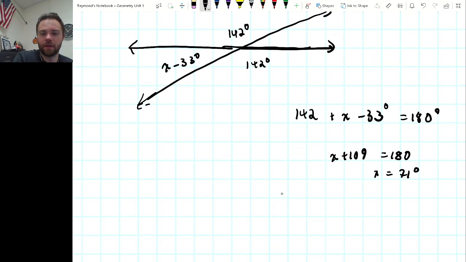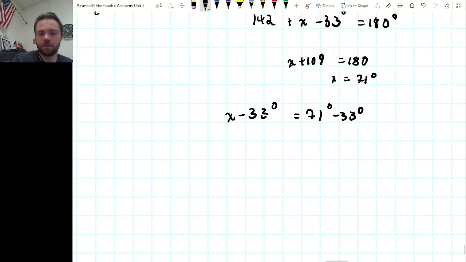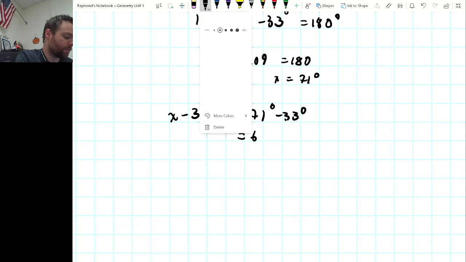So then that means x minus 33 is equal to 71 minus 33. And so 6 minus 3 is 3.